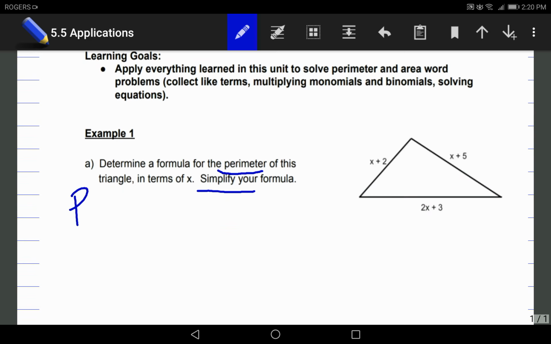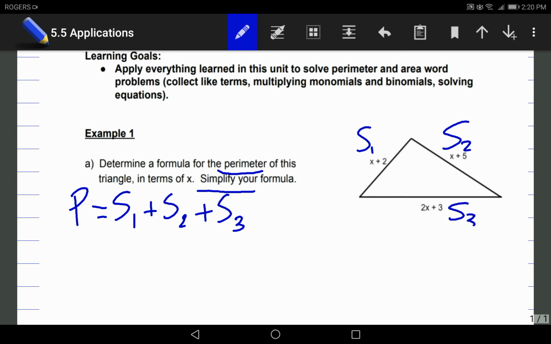First off, it's asking for the perimeter. So write down the formula for the perimeter of any shape. You have to add up all the sides. So the perimeter of a triangle is simply side 1 plus side 2 plus side 3. I'll label these side 1, side 2, and side 3. Side 1 is an expression, x plus 2.